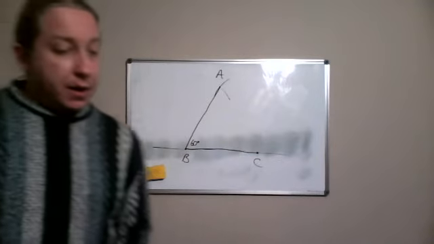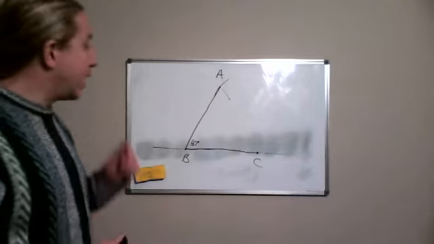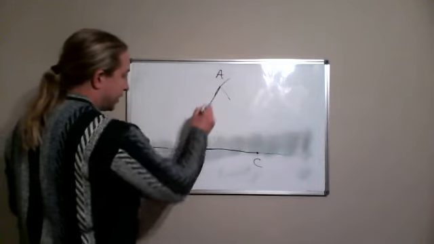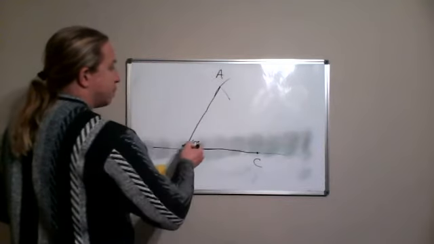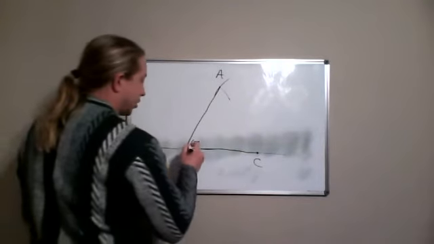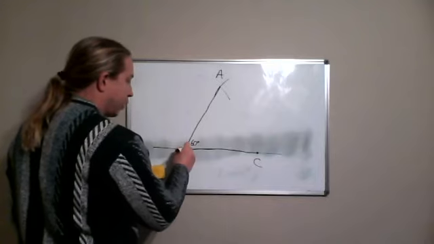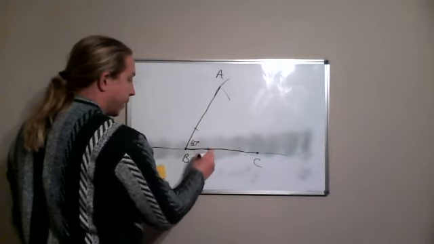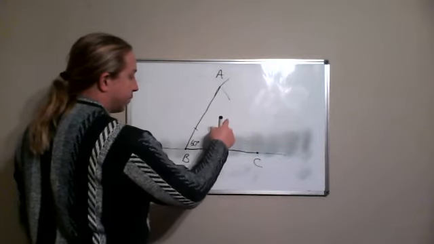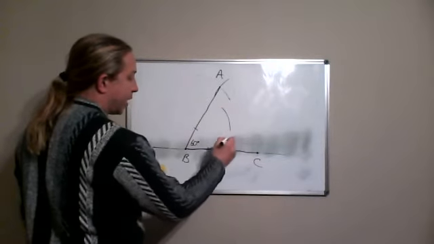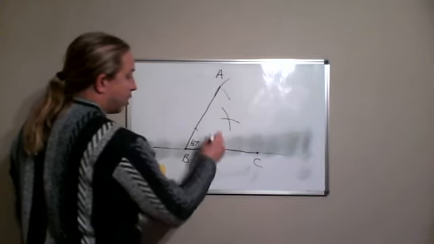So we've constructed that, and then bisect ABC with line BD. There's angle ABC. We need to bisect it with line BD. Remember again, we put our needle point in here, we make a mark. Put our compass points in there, set it to a particular distance, whatever that may be, make a mark there, make a mark there.